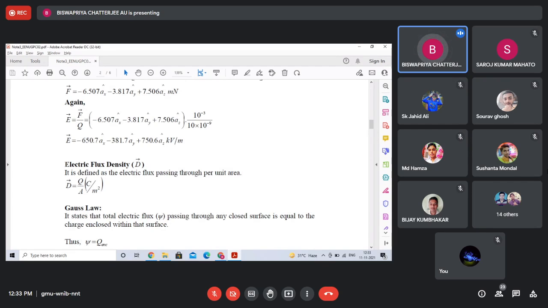It is defined as the electric flux passing through per unit area.